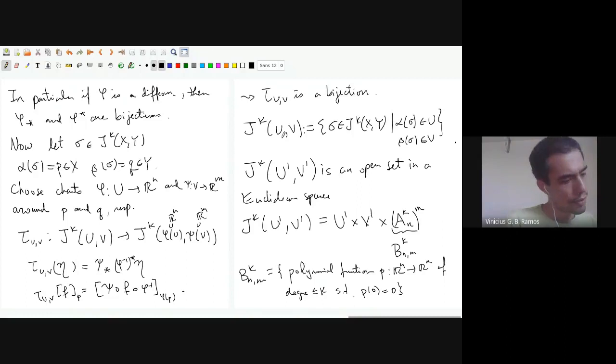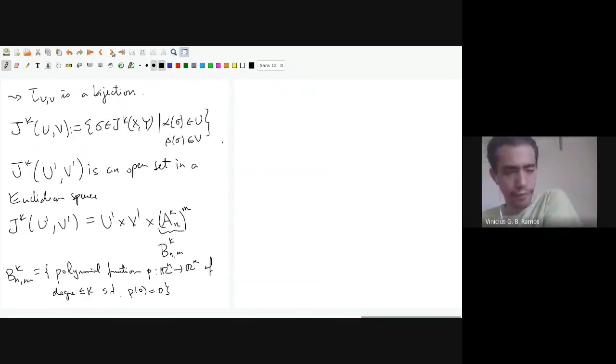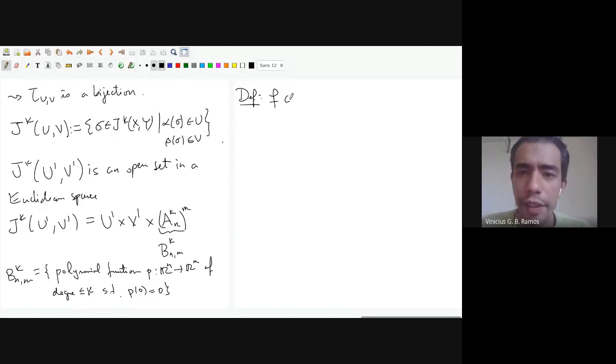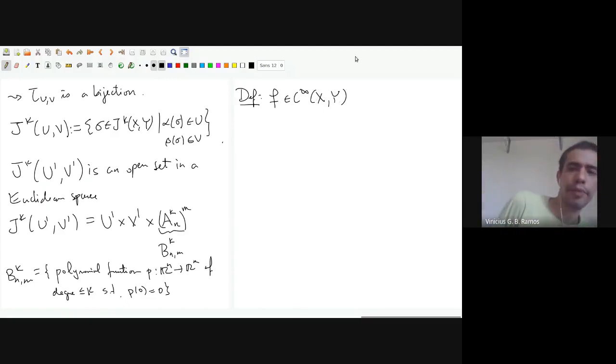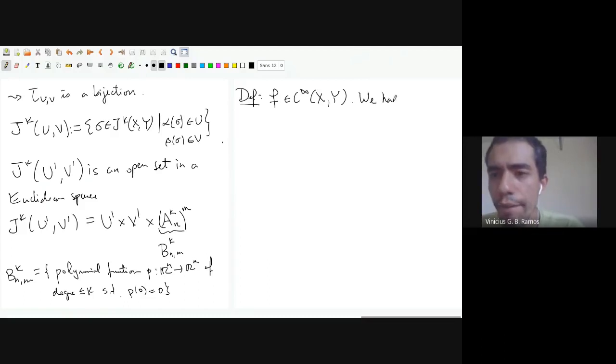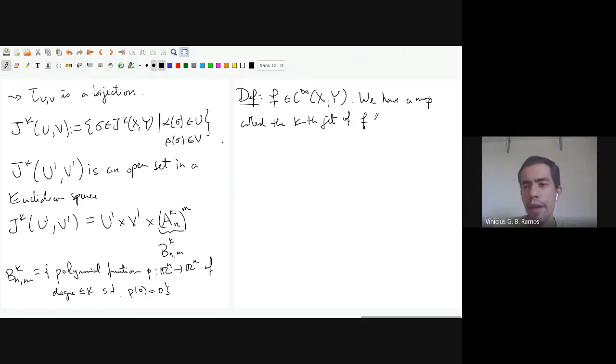Okay, so, actually, I should say that, because I think that's a very important example or definition. If you have a smooth function, I'm just going to start calling it like this: C infinity of X, Y is the set of smooth functions. Then we have a map, which is called the kth jet of f.